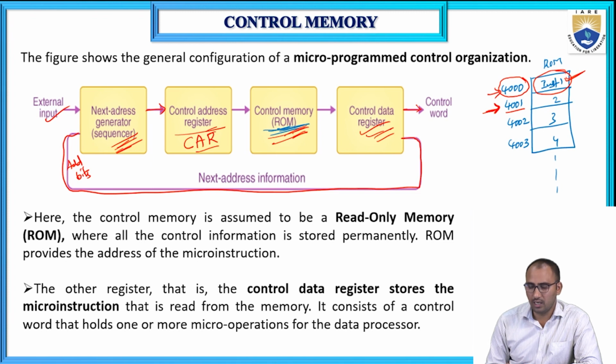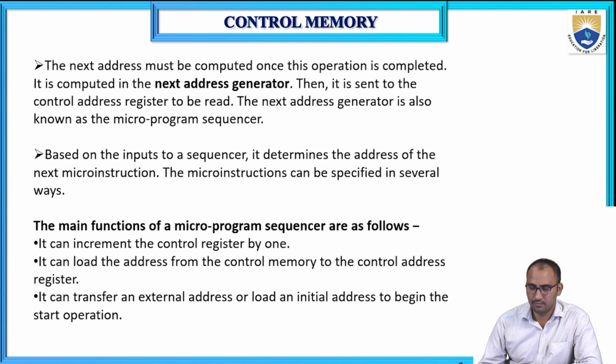Okay. So this is an address sequencer. The next address must be computed once this operation is completed, and it is computed in the next address generator. Already we have seen all these different blocks available in the address generator.